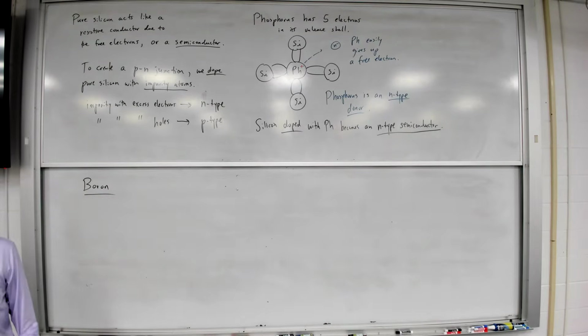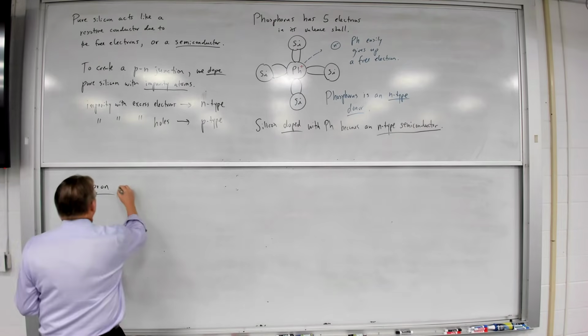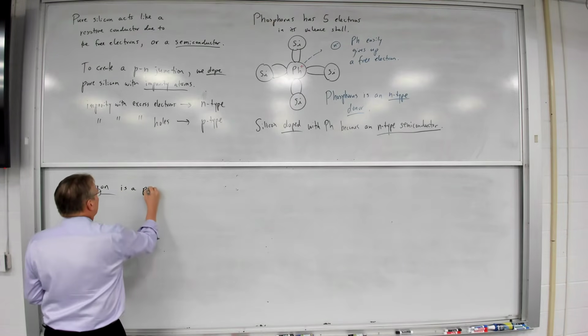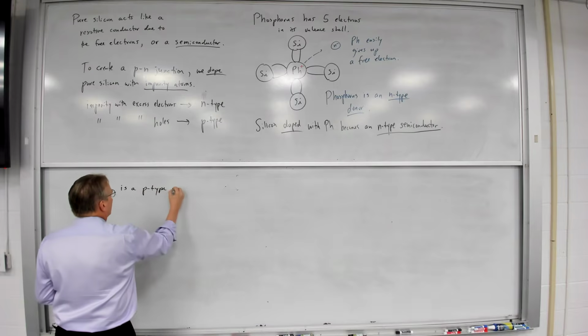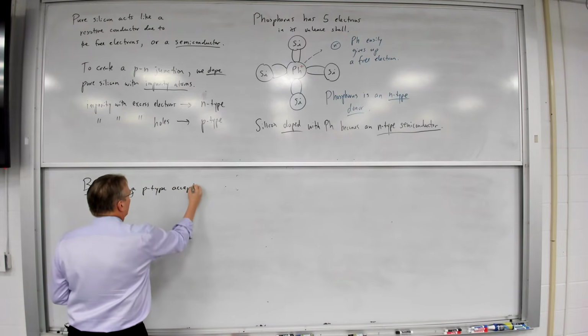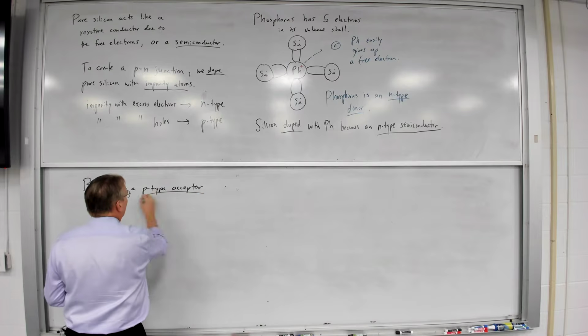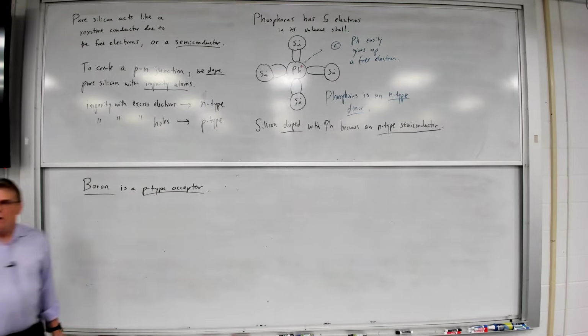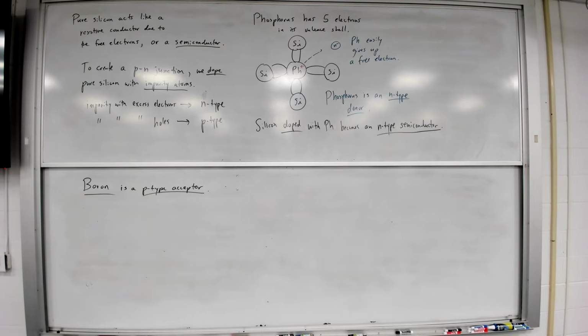Boron, we call this a p-type acceptor. It has 3 electrons in its outer valence shell.